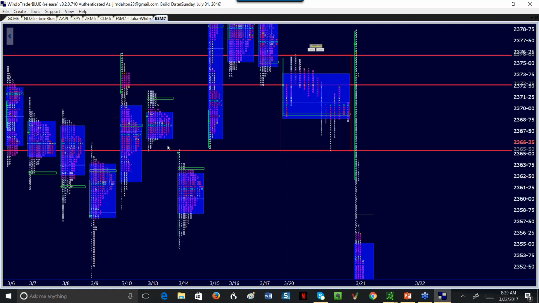But when I look at the low on Monday, notice that the low on Monday exactly matched the low from 3 days before. When I see that low, I have a pretty good idea that that is a weak low, probably caused by one of 2 things.